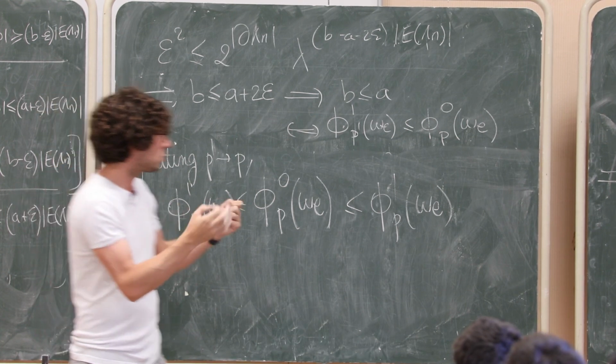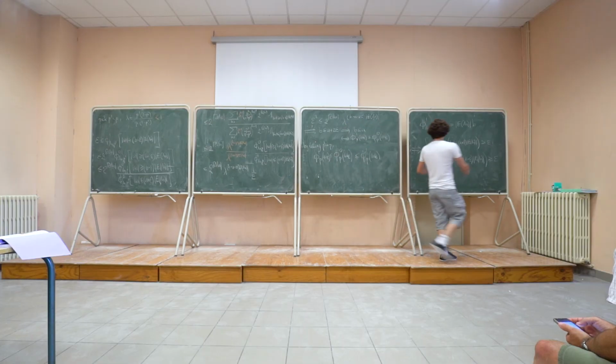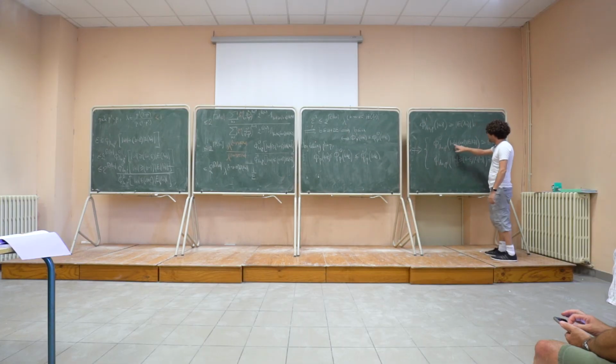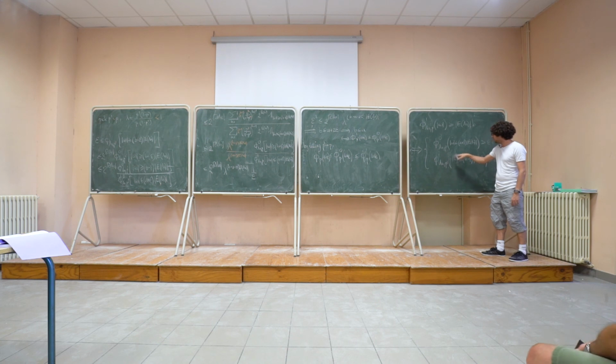So how do you do that? You just fix your p prime smaller than p. You say at the value of p, the probability of being smaller than your average plus epsilon is larger than epsilon. At p prime, the probability of having more edges than b minus epsilon times your average is larger than epsilon.